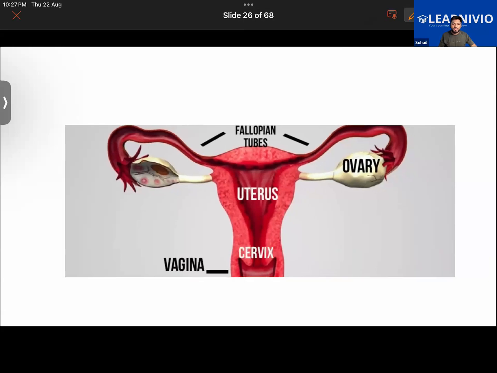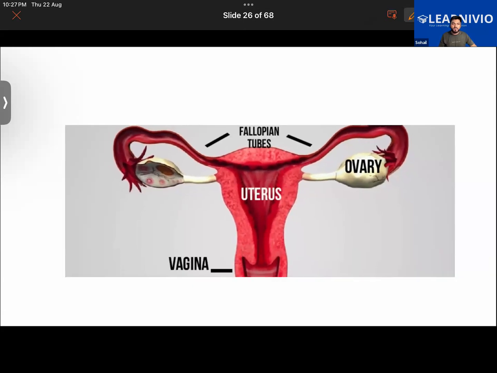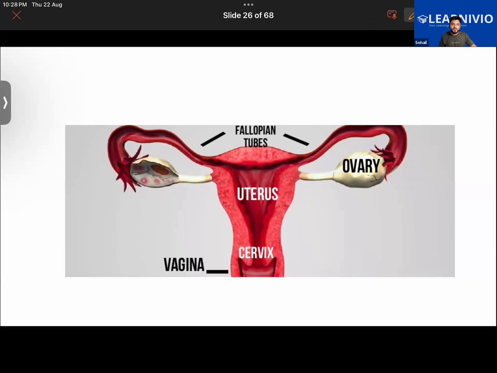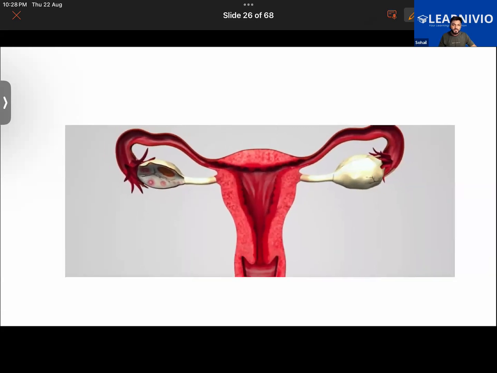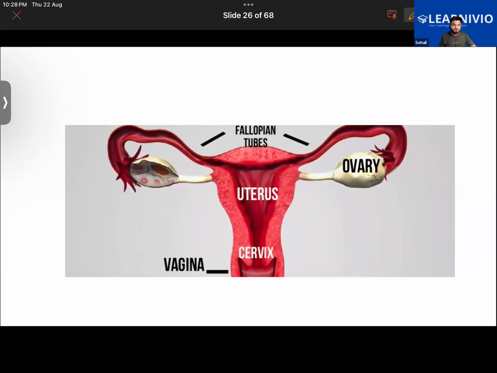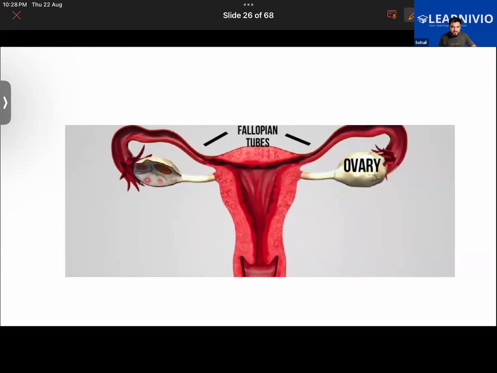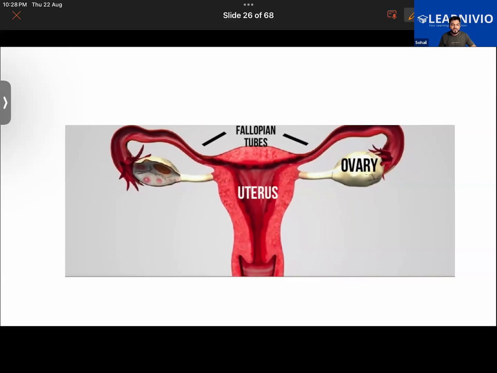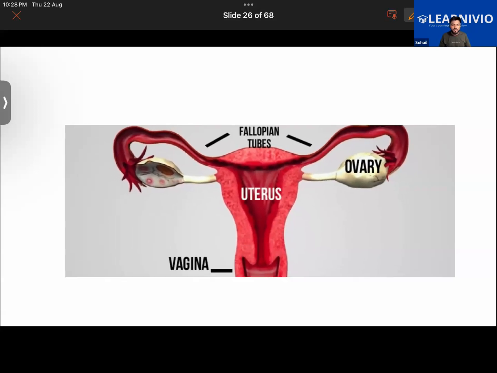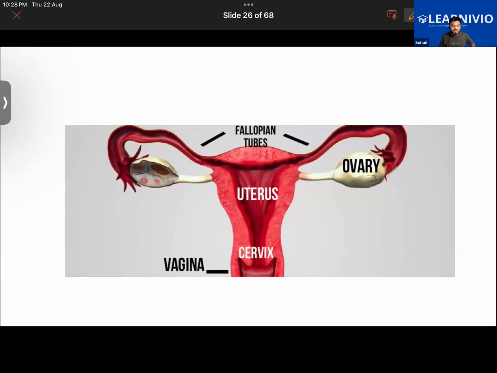I can give one hint: one of them forms about one third of the content of the semen. Prostate fluid contains one third, exactly. Good. And which one provides nourishment to the sperm? Seminal vesicle. Very good.